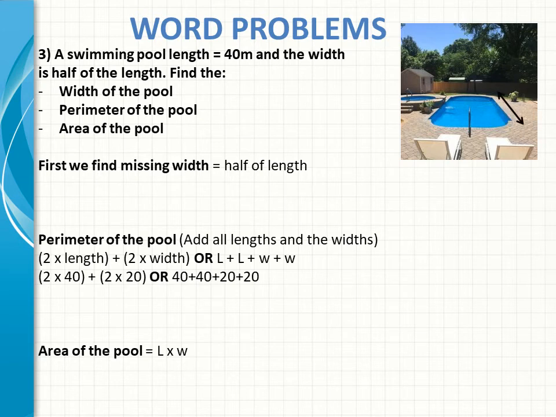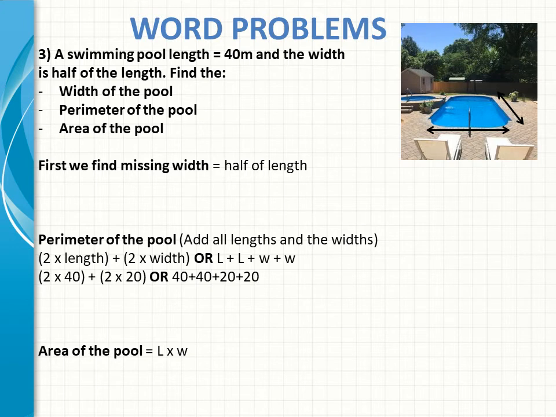Now let's look at the length of the pool. That arrow you see on the picture of the pool, the black arrow, measures the length. That part is 40 meters. Now, the width, this second arrow, they said to us that it is half of the length. So let's find the width.